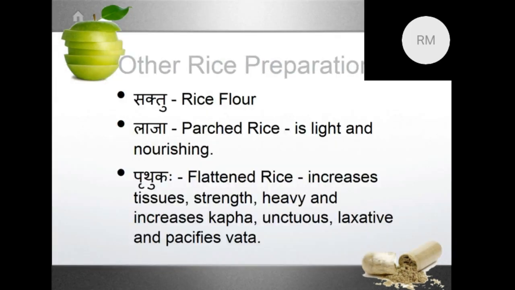Now there are other rice preparations. One is rice flour, which is pulverized rice, and then parched rice, and then flattened rice. Out of this, rice flour is actually mixed with water.